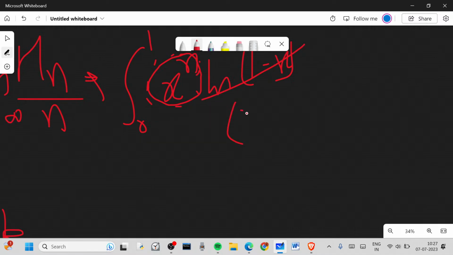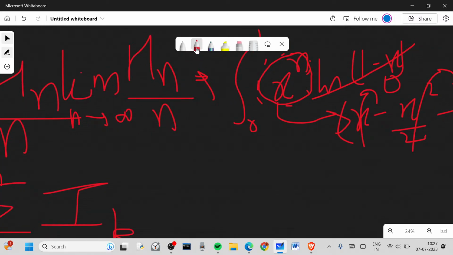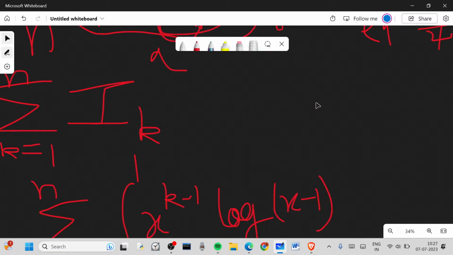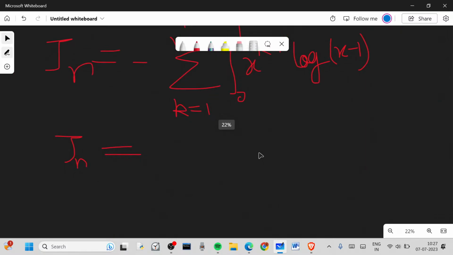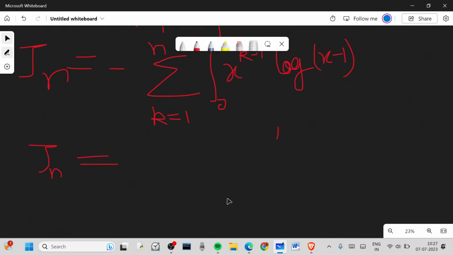Yeah, we can do it by writing it series x minus x square by 2 plus x cube by 3, and if x to the power n multiplies to all, x is between 0 to 1, so individually all terms are 0, so it means this limit is 0. Oh, I've never imagined it. That means that the number of natural numbers is bigger infinity than the sum of the reciprocals of all natural numbers. That's great. Well, anyways, let's return back to our topic, and I think we're stuck over there.